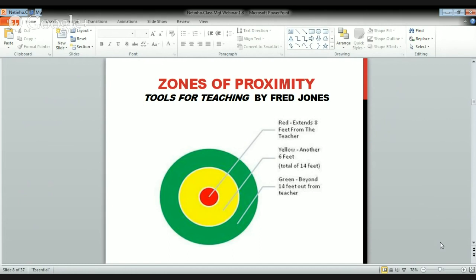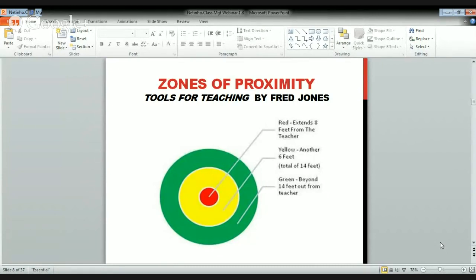This red zone is about 8 feet or 2.5 meters around you. Research shows that students sitting in this red zone, because they're close to you, will show very few discipline problems. You're near, the students know that you are nearby, so they stay on task.